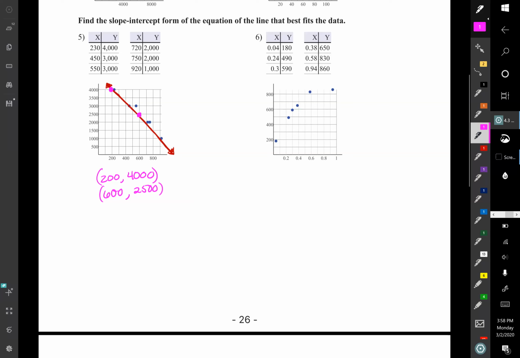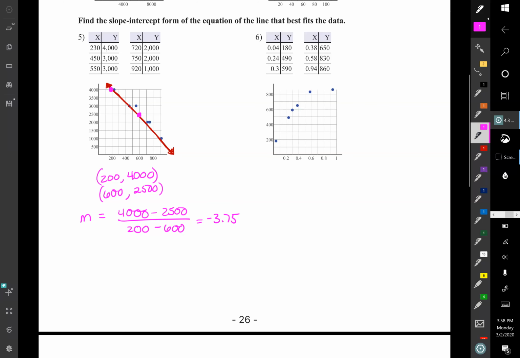So m equals 4,000 minus 2,500 divided by 200 minus 600, and I end up with negative 3.75.